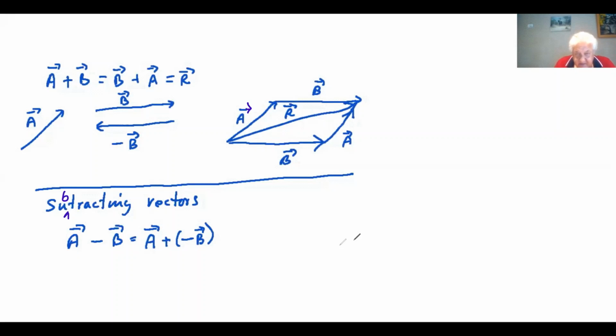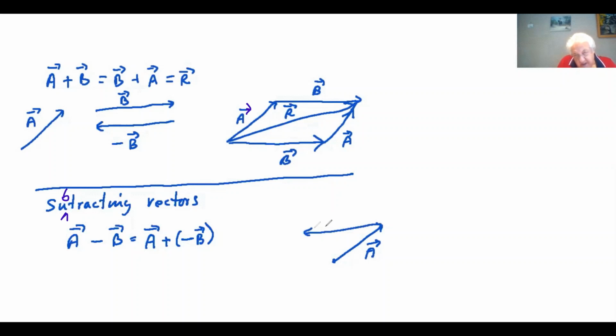So in this case, if I start with A, remember the rule for addition is to put them head to tail. So I take my negative of B, place it head to tail.